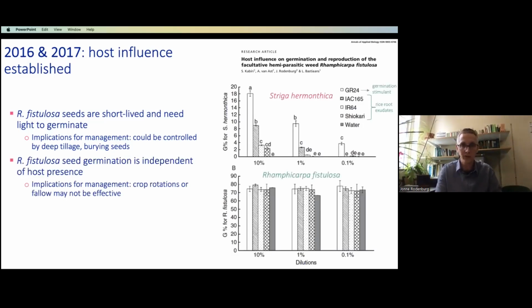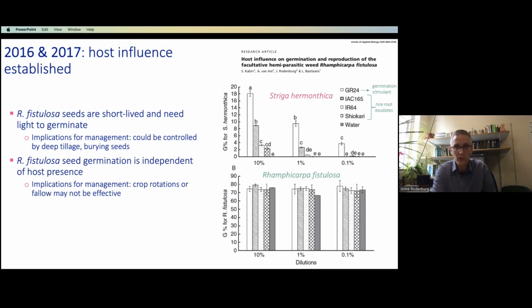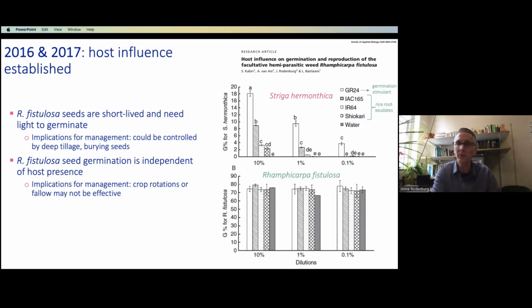We've also seen, very importantly, that Rhamphicarpa seed germination is independent of host presence. This is shown in this figure. On the top you can see Striga hermonthica, and on the bottom Rhamphicarpa fistulosa. With Striga, GR24, which is a strigolactone analog, is a germination stimulant for parasitic plant species.